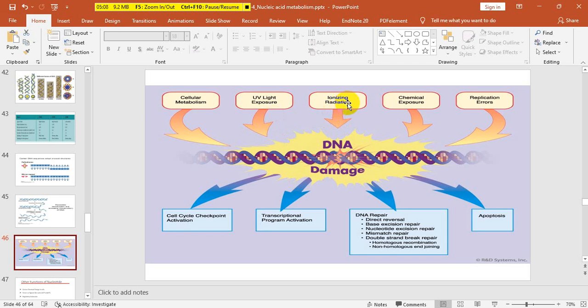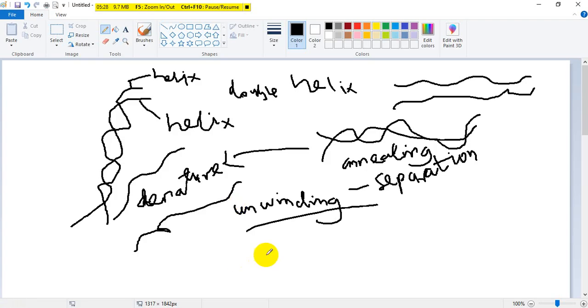Ionizing radiation: if you are working at the X-ray unit with gamma rays and beta rays for too long, you end up getting high doses of ionizing radiation, which will later transform to genetic mutations or DNA damage. Mutation means DNA has been injured. There is a change in DNA structure, and most of the time the change is in the nucleotide sequence.